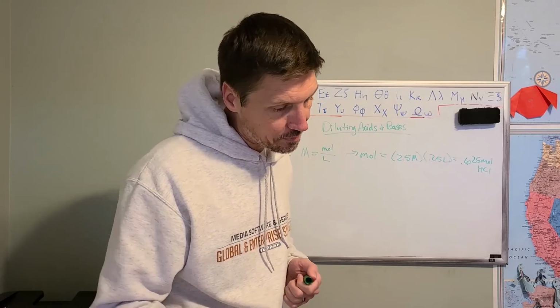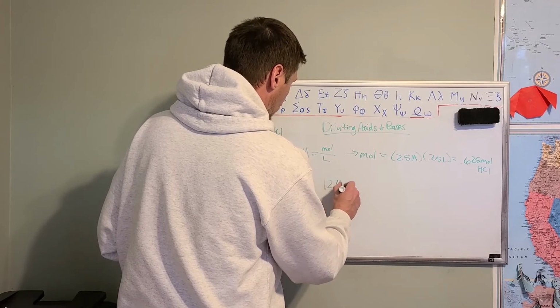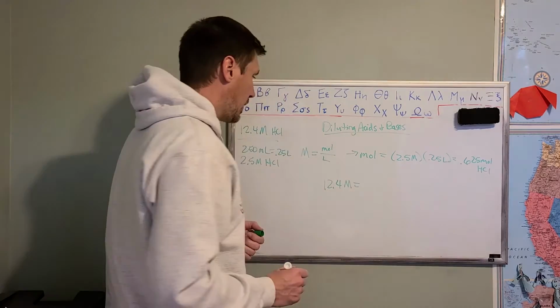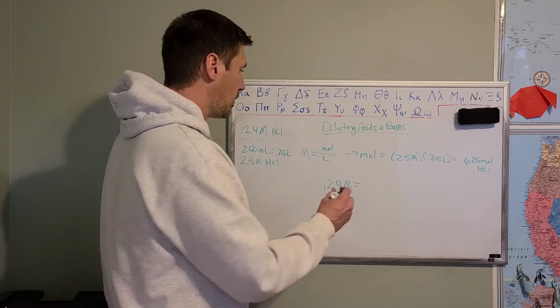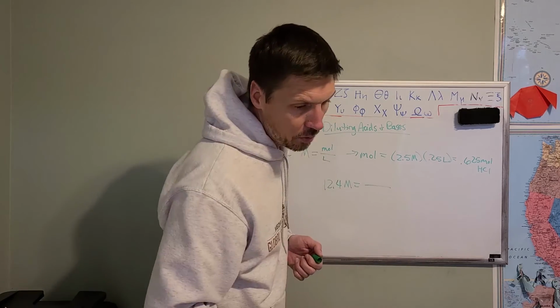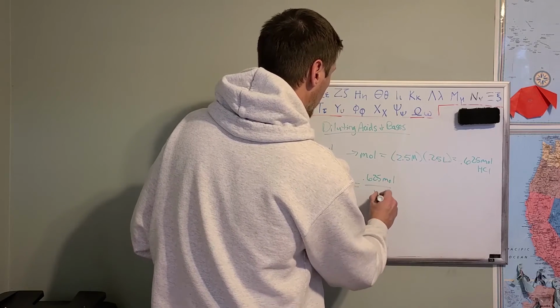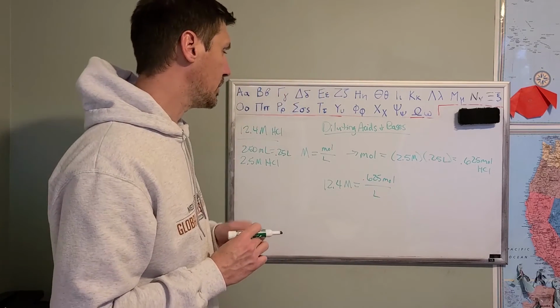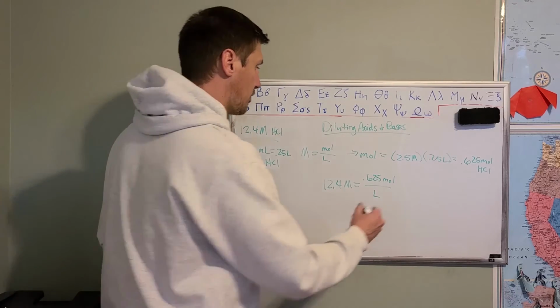All right. If we have a 12.4 molarity solution, and we know that we want in that solution 0.625 moles, then how many liters of that solution do we need to make sure that we have 0.625 moles? So we solve for L here.